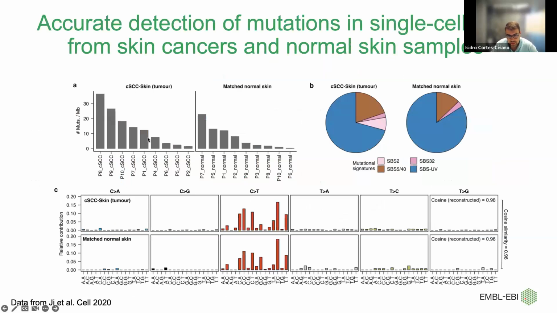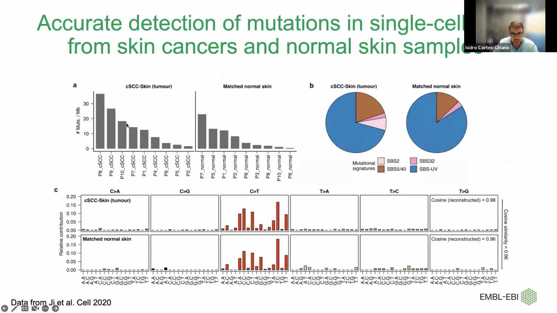Just to go a bit deeper into some of these data sets so you can see the underlying data, here are, for example, the results for the squamous cell carcinoma. You can see the burden of mutations, computed as the number of mutations per megabase, estimated for the tumor samples and matched normal skin samples.